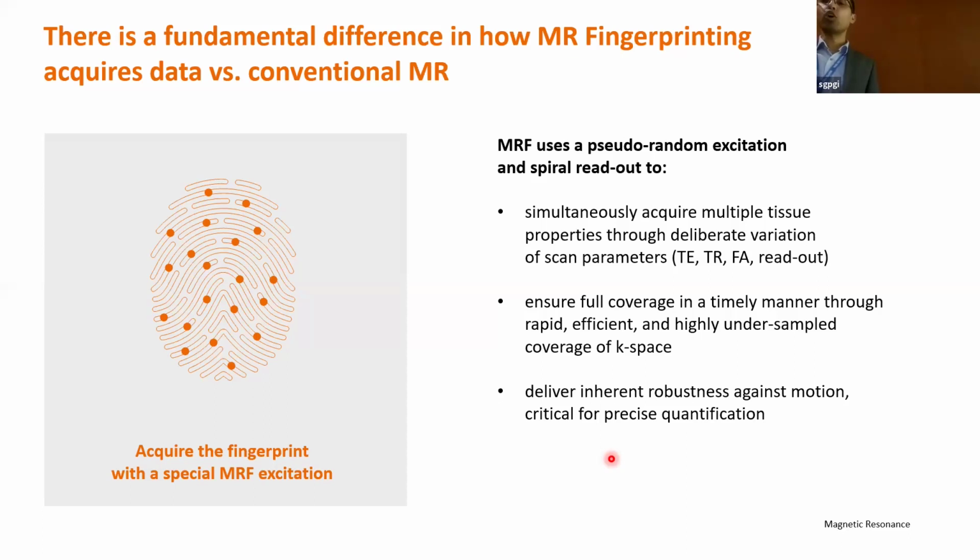And then it also reduces the scan time significantly, considering what the outcome you are getting out of the fingerprint data. Then it also basically corrects for one important implication in your routine MR imaging, that is motion. So that is also taken care of using the fingerprinting scheme.